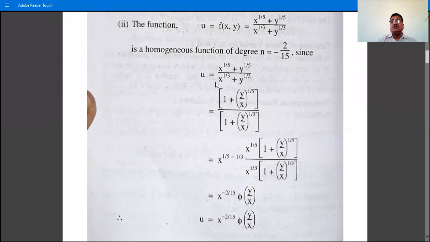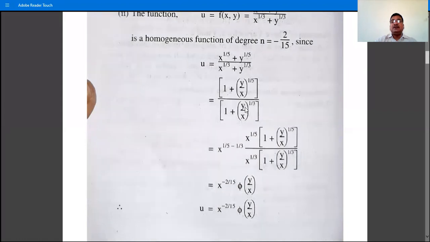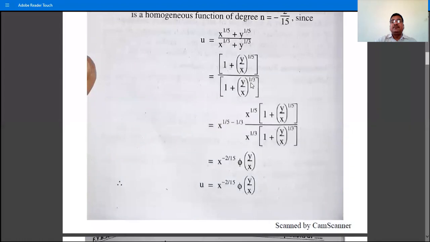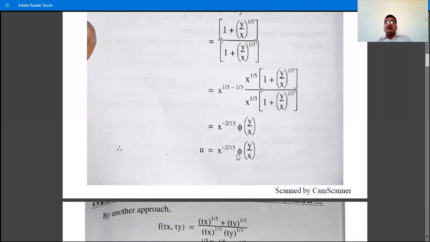And if we take x raised to 1 by 3 common, right here x raised to 1 by 3, we have in the bracket 1 plus y raised to 1 by 3 divided by x raised to 1 by 3, which means y by x raised to 1 by 3. And then in the next step, x raised to 1 by 5 divided by x raised to 1 by 3 is x raised to 1 by 5 minus 1 by 3. Cancel the common factors. Then 1 by 5 minus 1 by 3, taking LCM 15, is 3 minus 5, which is minus 2, so x raised to minus 2 by 15.